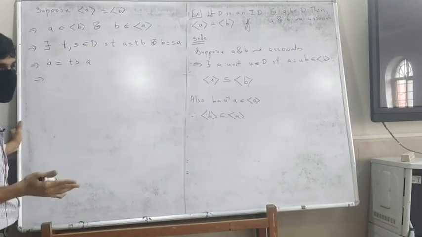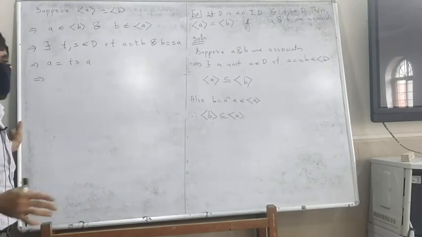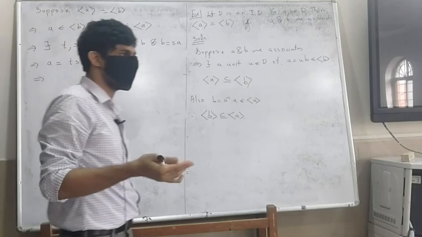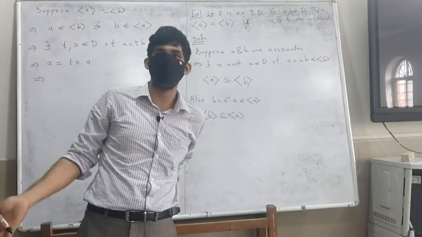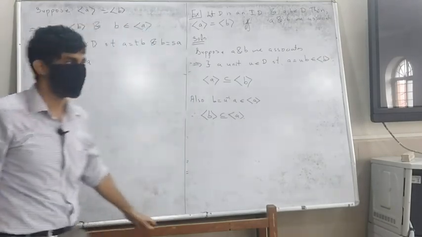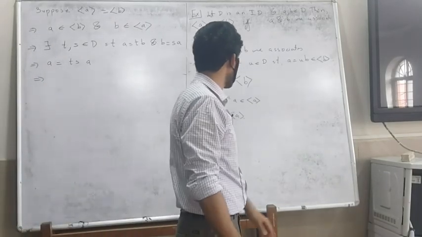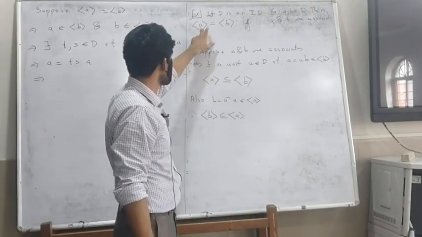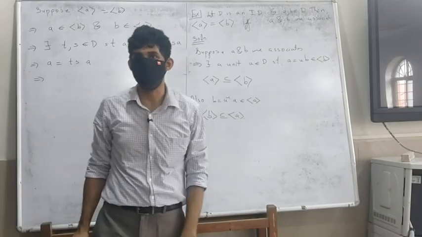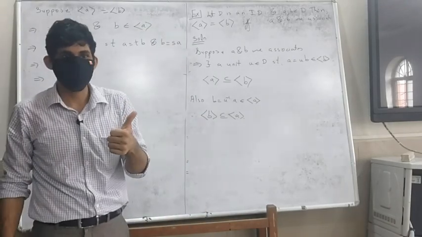The associates of 0, multiples of 0 are 0 itself. You cannot get any other unit multiple. You multiply anything to 0, you get 0, right? So that remains. So you should actually also take the case where A is 0. If A is 0, what happens?